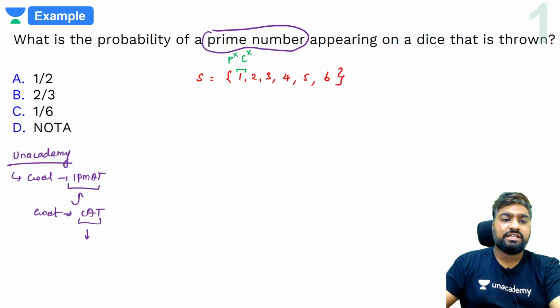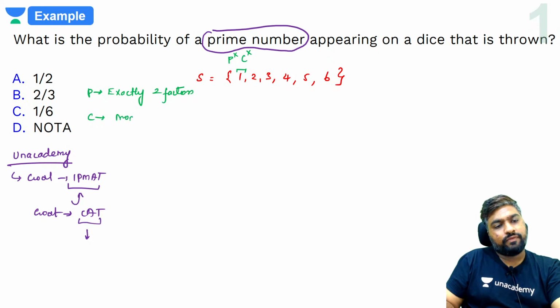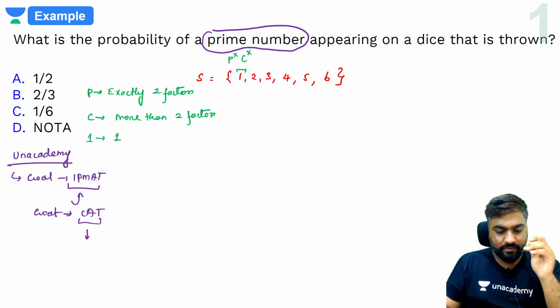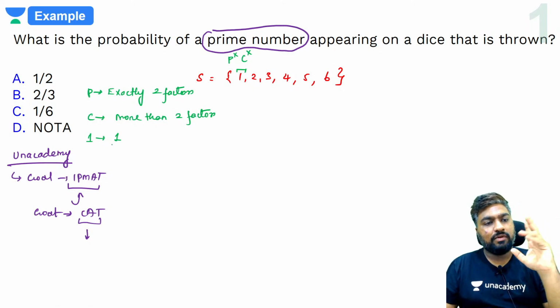What is the definition of a prime number? A number that has exactly 2 factors. What is composite? A number with more than 2 factors. 1 has only 1 factor, that is itself. That is why 1 is neither prime nor composite.